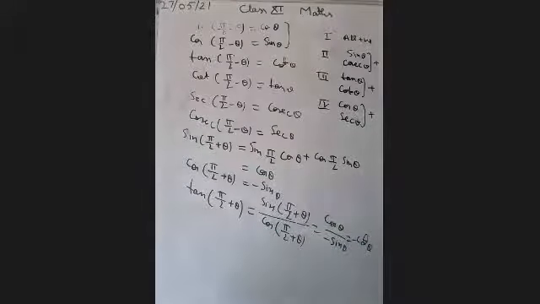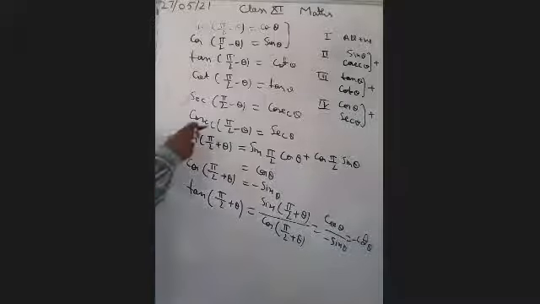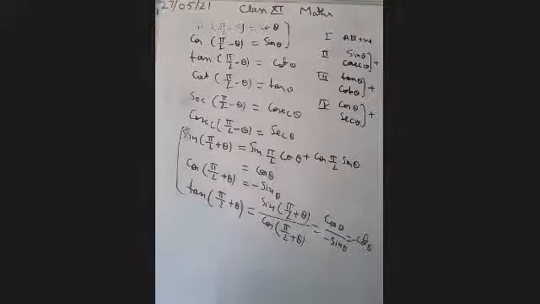ठीक है? तो same way you have to convert, you have to write all the trigonometric ratios. 3 I have written here, so 3 you have to write yourself. ठीक है? तो there are so many possibilities you can convert to, you have to convert as I have converted.